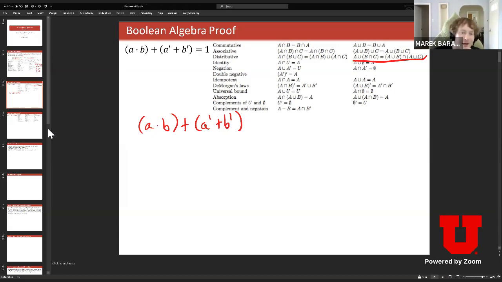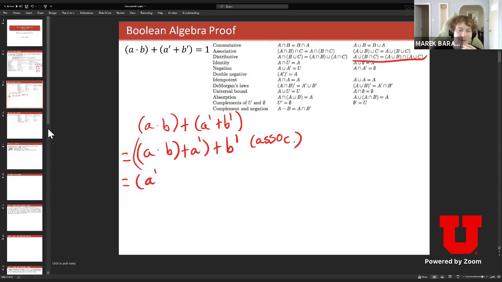Okay, yeah. So the way I did this earlier is I used the associative rule to rewrite this as this. And then by the commutative rule, we can write this as this.